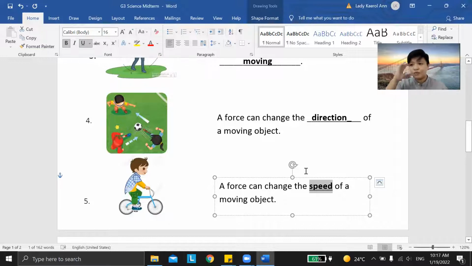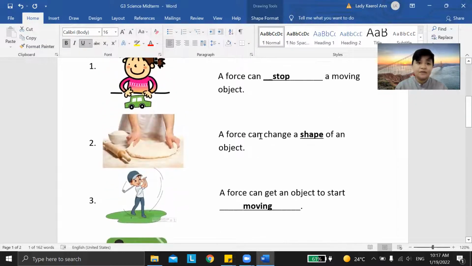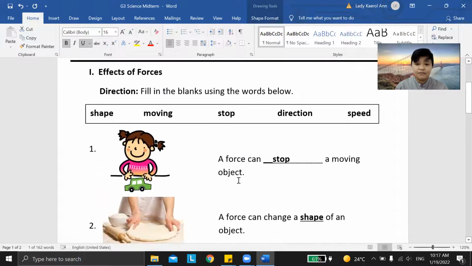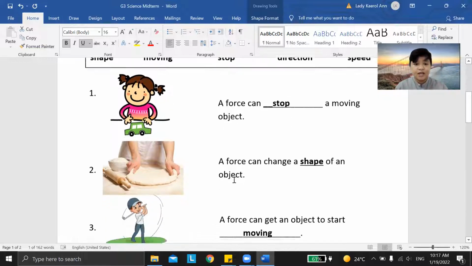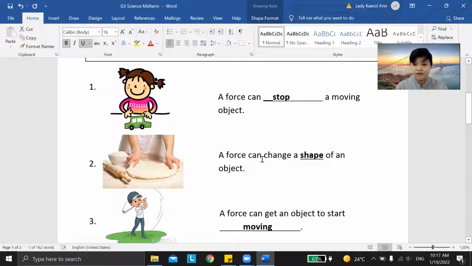Okay, let me recap for you. Number one, a force can stop a moving object. Number two, a force can change a shape of an object.